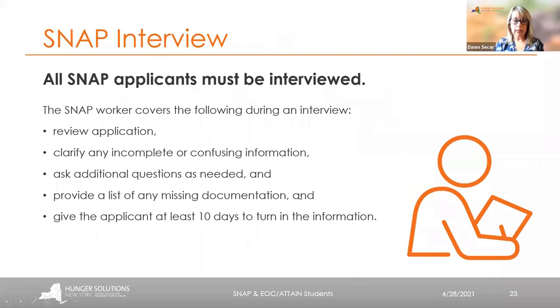So let's talk about these steps a little bit more. All SNAP applicants must be interviewed, either over the phone or in person when requested, as quickly as possible, either at the time of application submission or at a later date, and within 7 days of submitting the application if eligible for expedited.